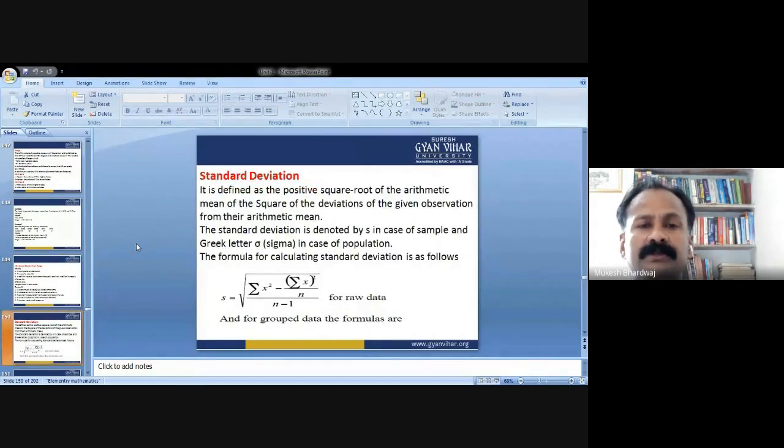Now, come to the next topic, that is standard deviation. It is defined as the positive square root.